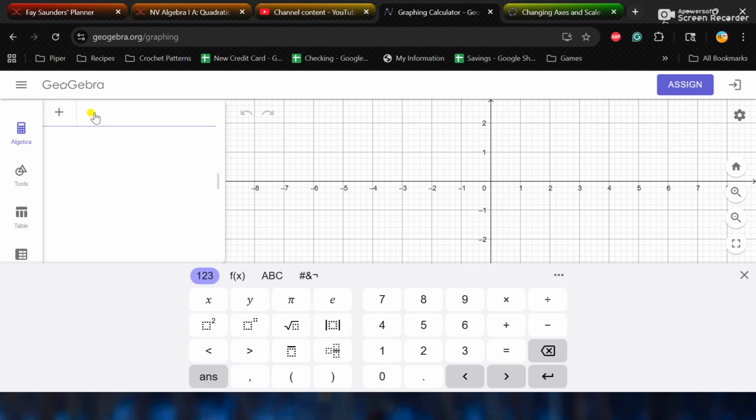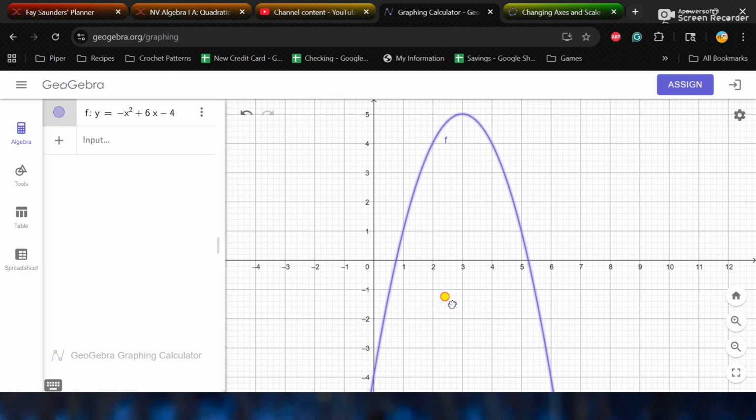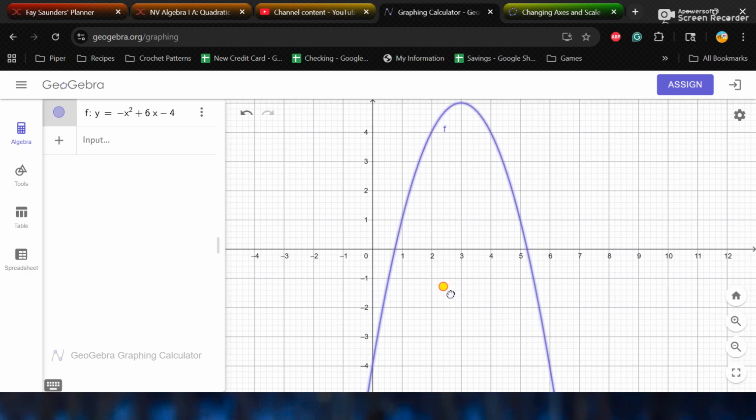Let's try entering our information again. We have y equals negative x squared plus 6x minus 4. Okay, there's our graph. This is honestly pretty reasonable.